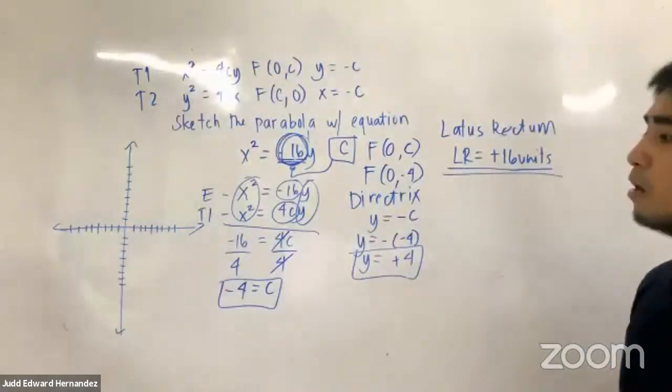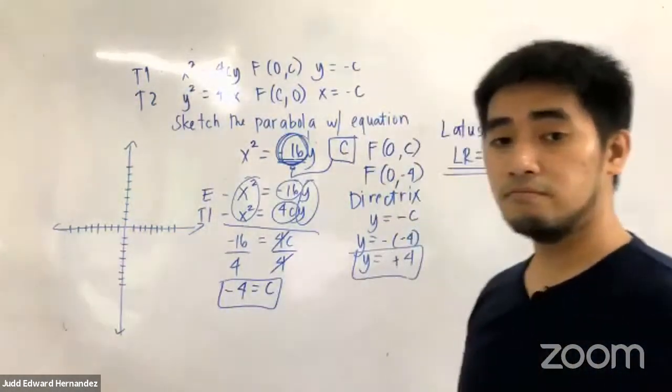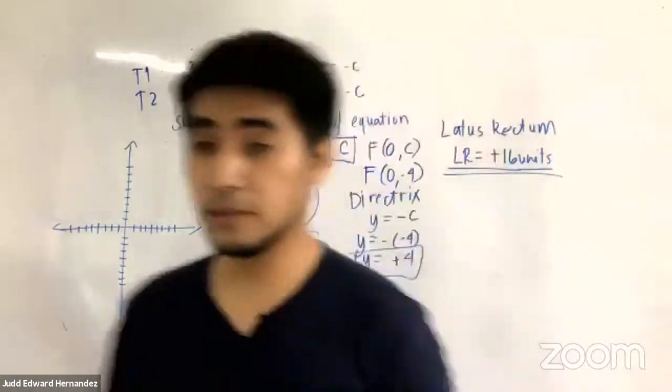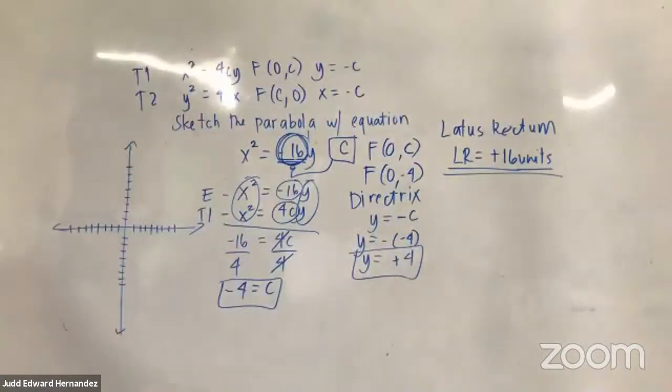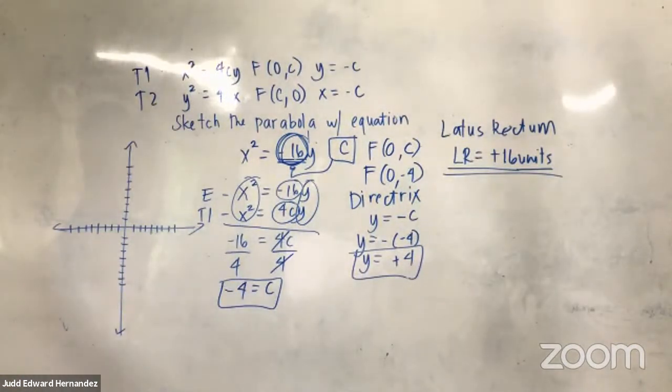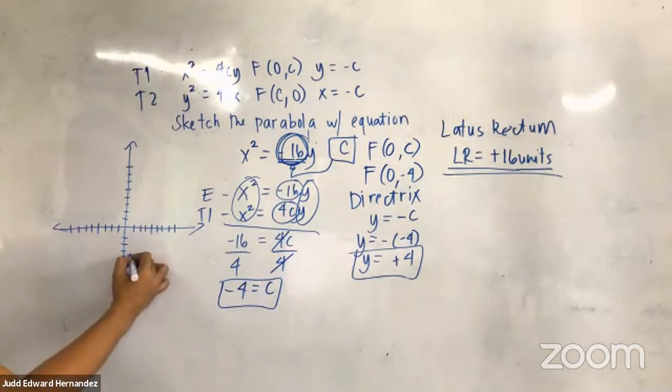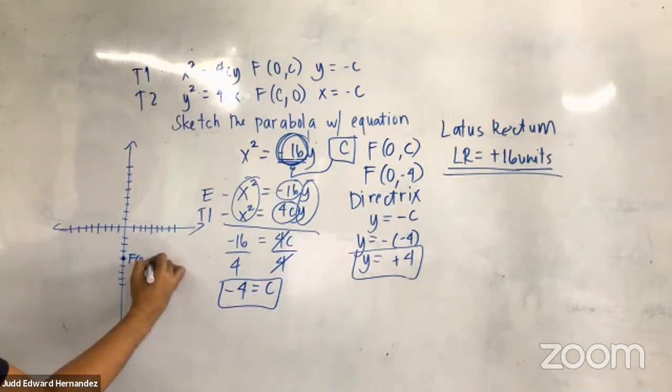Okay. So, where is the focus located? 0, negative 4. Therefore, nasan siya? Sa baba po. This is our focus. Located at 0, negative 4.